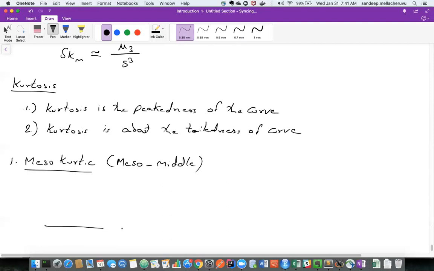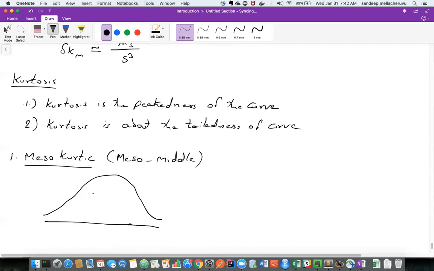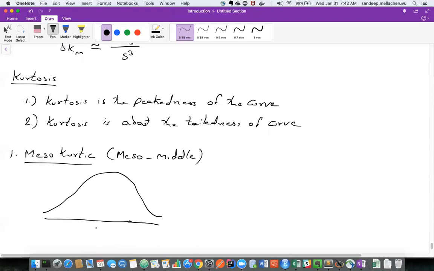Mesokurtic means that the peak is exactly at the center, and it's actually symmetric, very close to whatever definition I gave to symmetric. The peak is not too high. When I say middle, it's neither too high nor too low. That's what mesokurtic is.